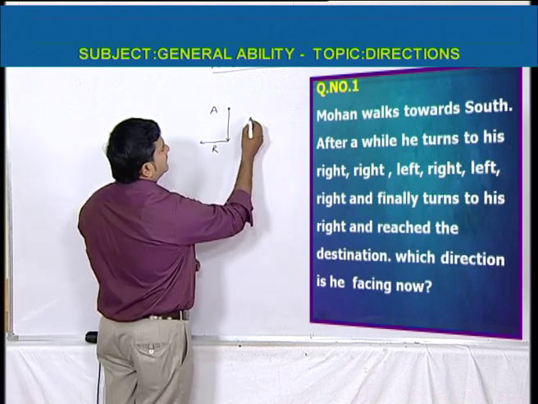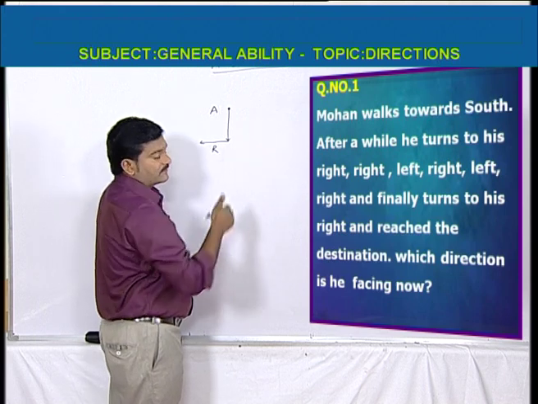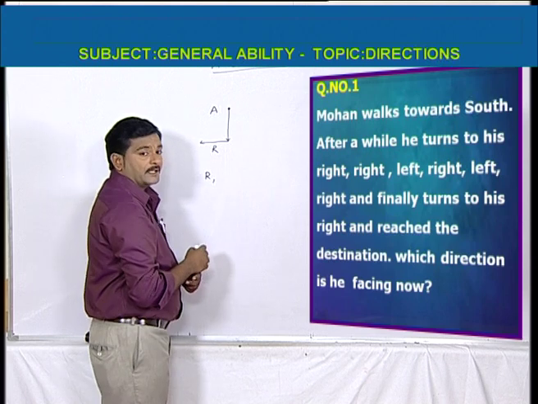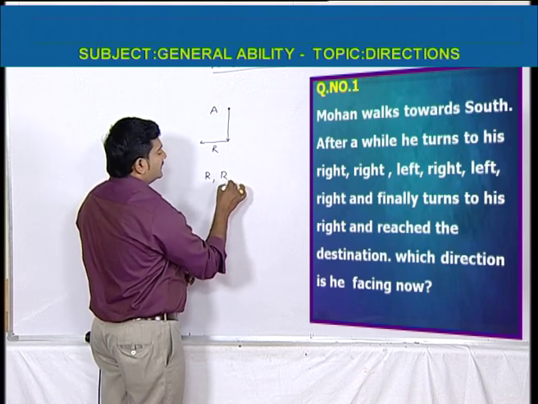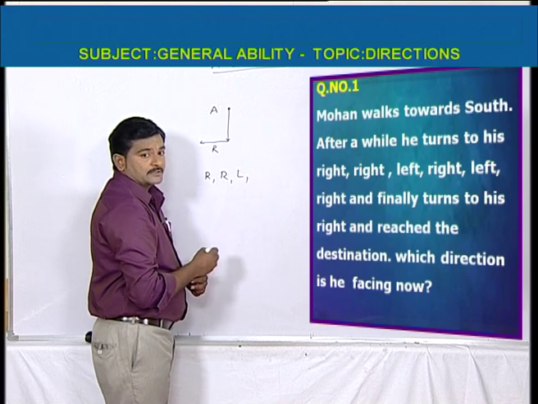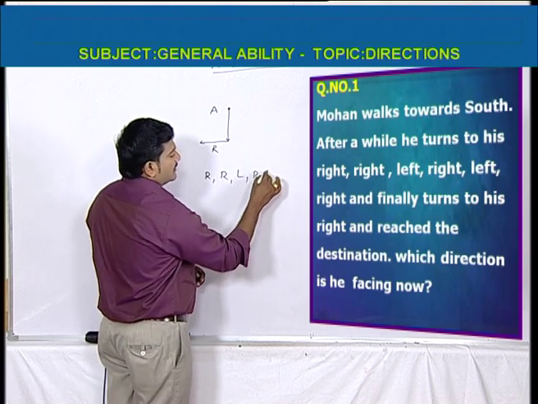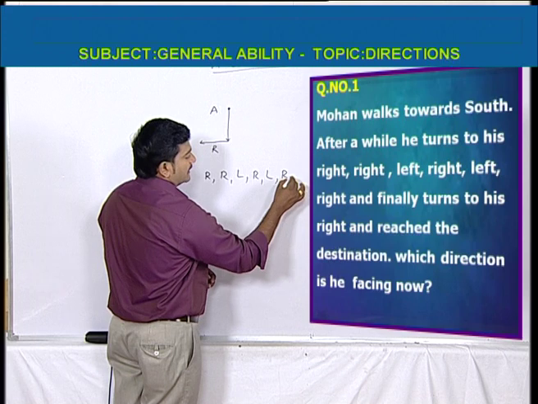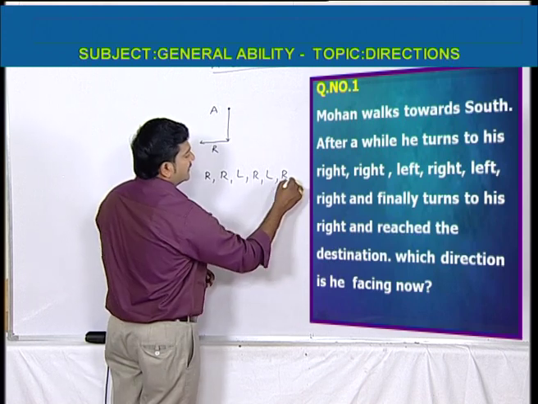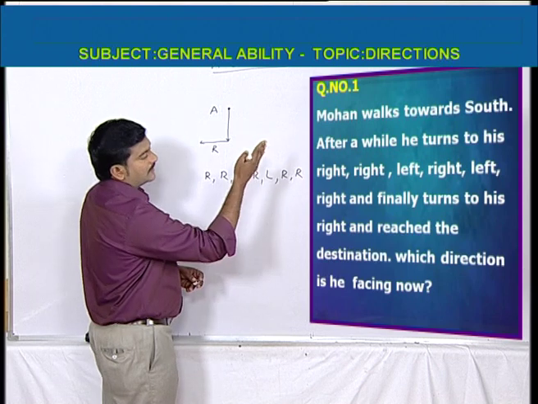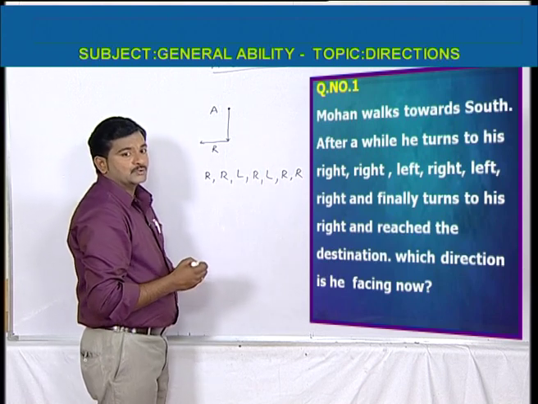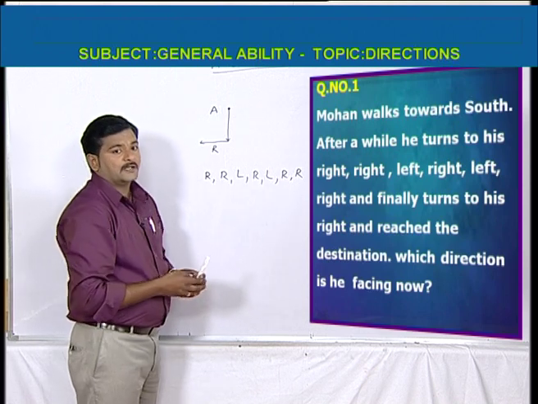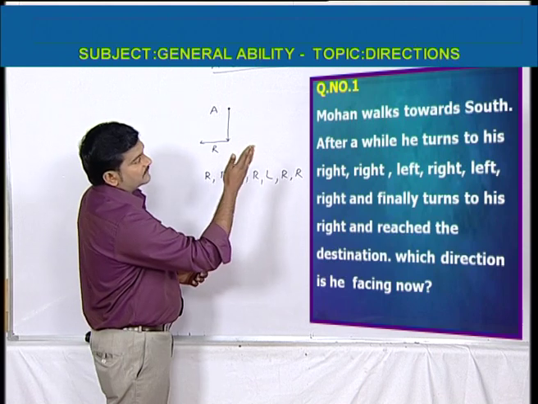If you observe the given question, first he gave right, after that again right, and again left, again right, again left, and finally right, and finally turns to his right and reached the destination. There are 5 rights and 2 lefts in the given question.